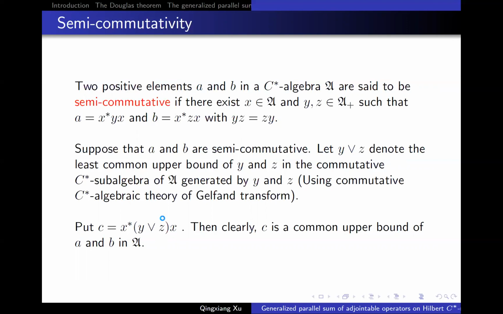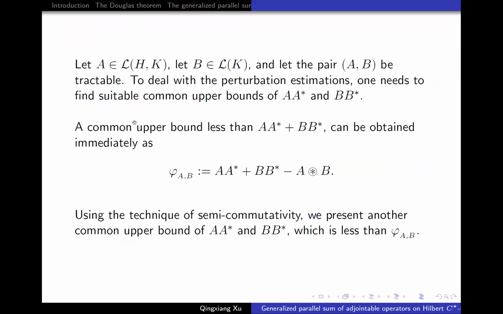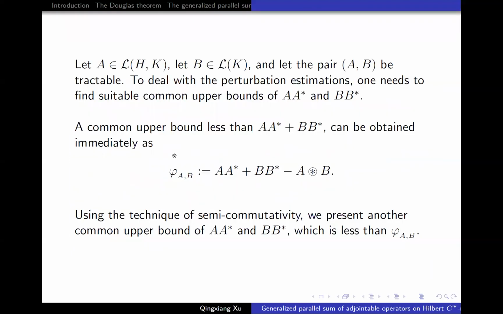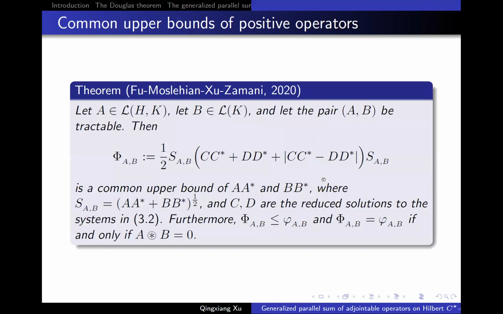Using this technique for our operators, we can construct a common bound of AA star and BB star in this way. Which is smaller, I already mentioned this one, which is smaller than this one. And we can prove that they are the same if and only if the general parallel sum equals 0. Of course, we should ask that the pair A and B should be tractable. So this is the construction of the common bound based on this technique.